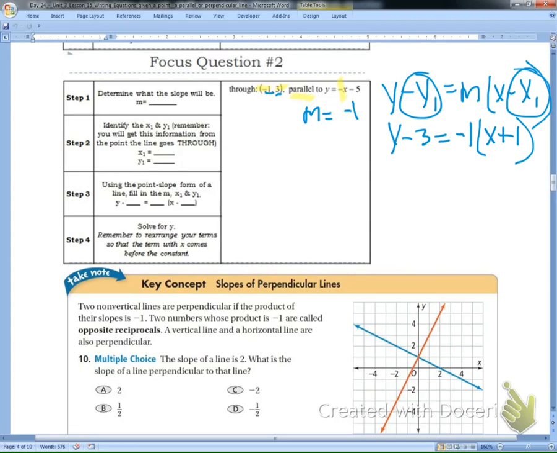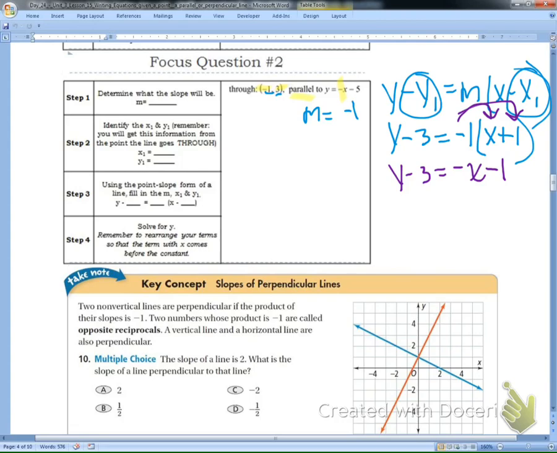Then you're just simplifying this and solving for y. So we multiply our m inside the parentheses. So you get y minus 3 is equal to negative 1x, or just negative x. And then negative 1 times a positive 1, that is a multiplication, so that would be a negative 1. Be careful, I see a lot of people put 0 here.